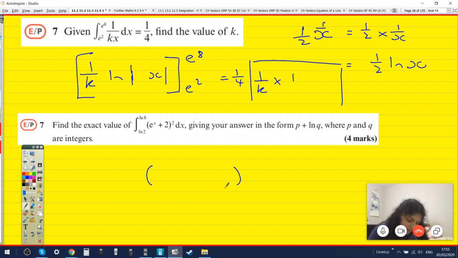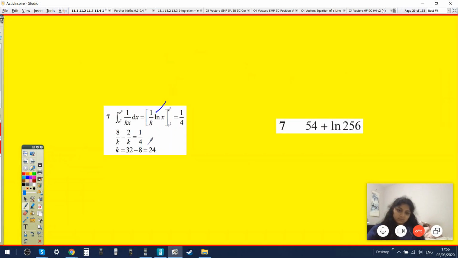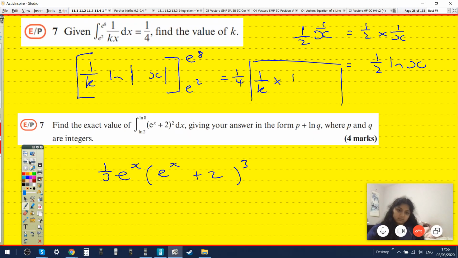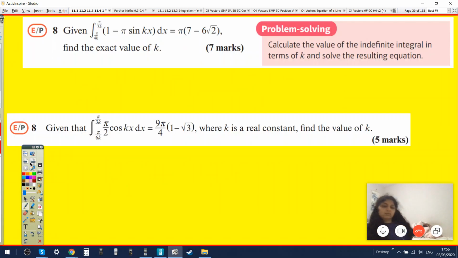I got e to the x plus 2, the whole cubed, over 3e to the x. I don't have the answer for that, but I'm reasonably confident there. And then everything else goes from there.